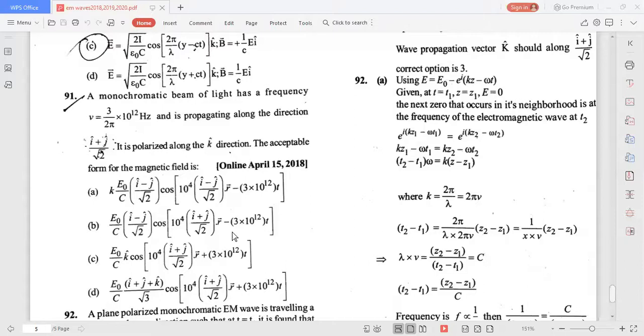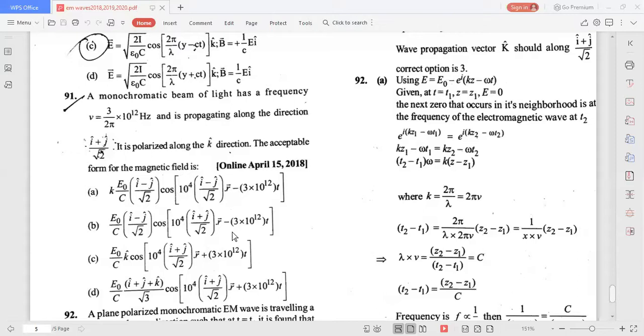Acceptable, already we did this problem previously. In that case we obtained the magnetic field B naught along (I cap minus j cap) by root 2. You have to do it like that only. So option 1 is correct for this.